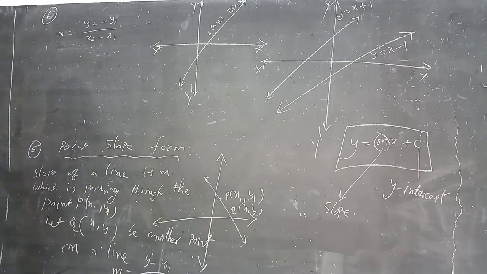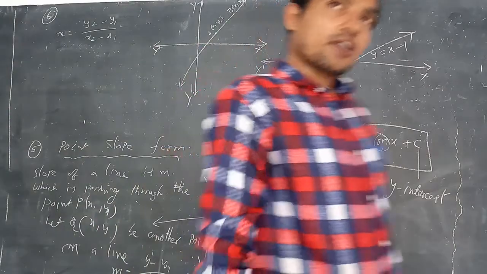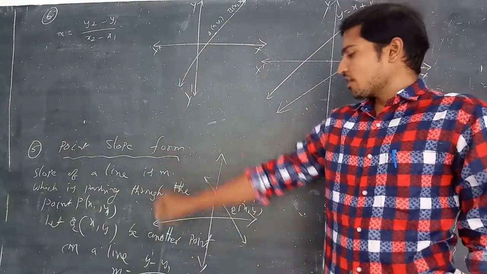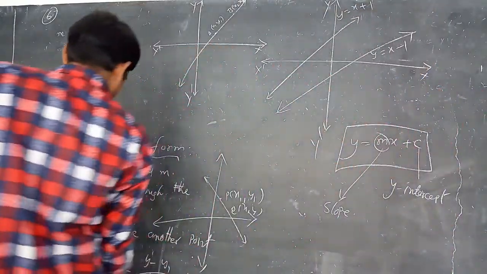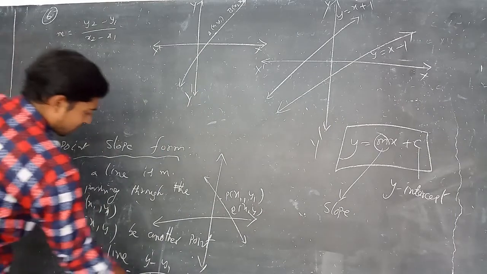Slope intercept form is different, slope point form is different. Slope point form is y minus y1 is equal to m into (x minus x1).